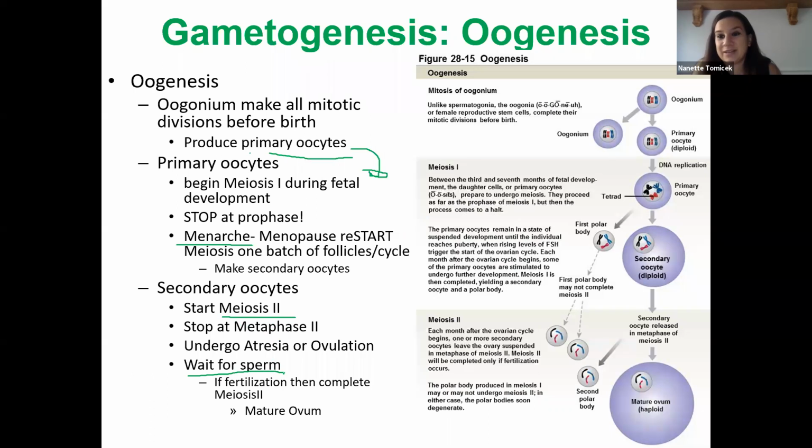And it's not. So if they're not going to get fertilized, they don't even really care to finish their meiosis. They're just going to die and leave the reproductive tract, and there's no point to it. So the only ones that are going to finish their meiosis 2 and really finish making that polar body and that proper ootid, which is going to become the ovum, that is only going to happen in the case of fertilization.